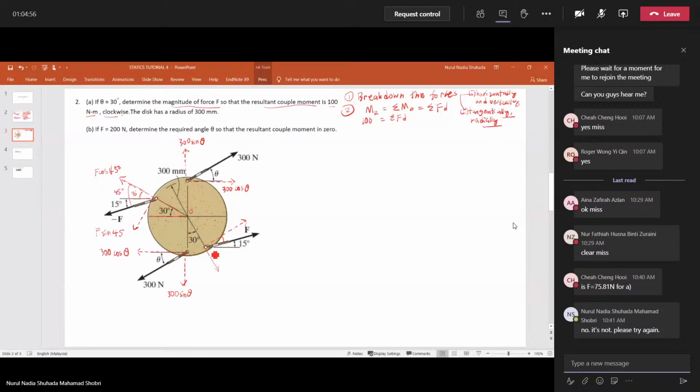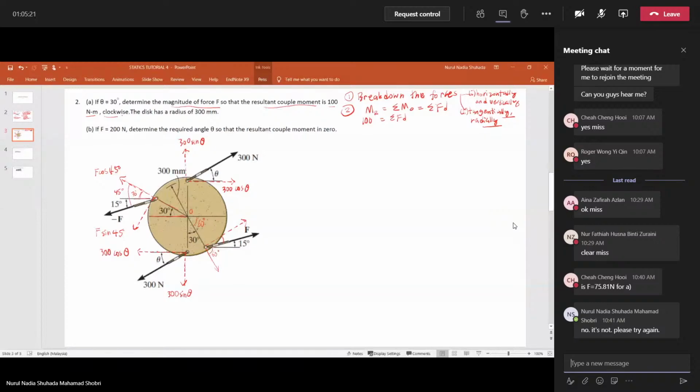Since this line is continuous from this line, and this line is parallel to this line, 90 minus 30 is 60 degrees, so this also should be 60 degrees.